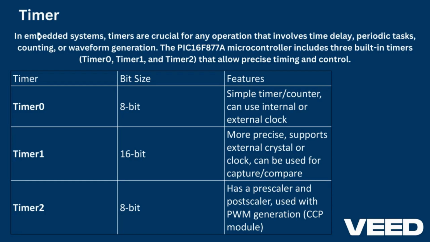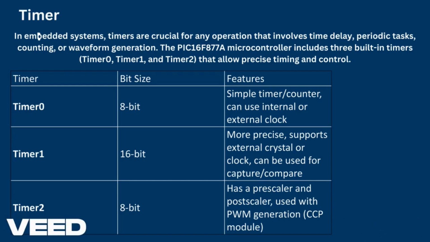In the above microcontroller, that is the PIC 16F877A, we use three types of timers: timer 0, timer 1, and timer 2. Timer 1 is quite different from timer 0 and timer 2 because of its bit size, which is 16. Since it is a 16 bit timer, it is more precise when compared to timer 0 and timer 2.